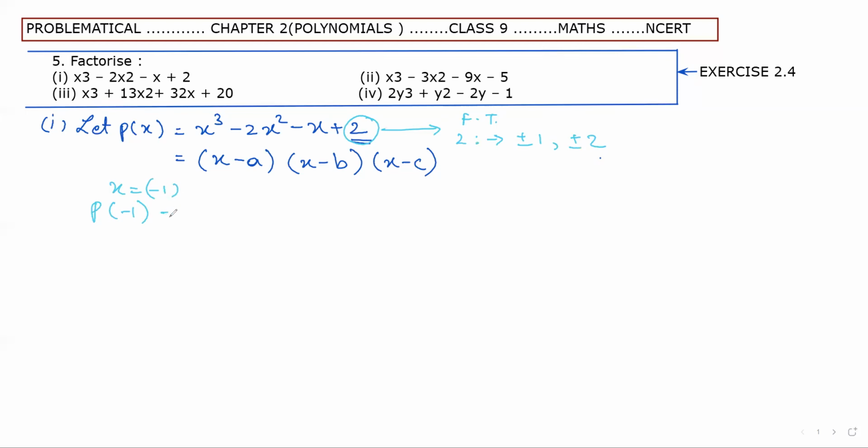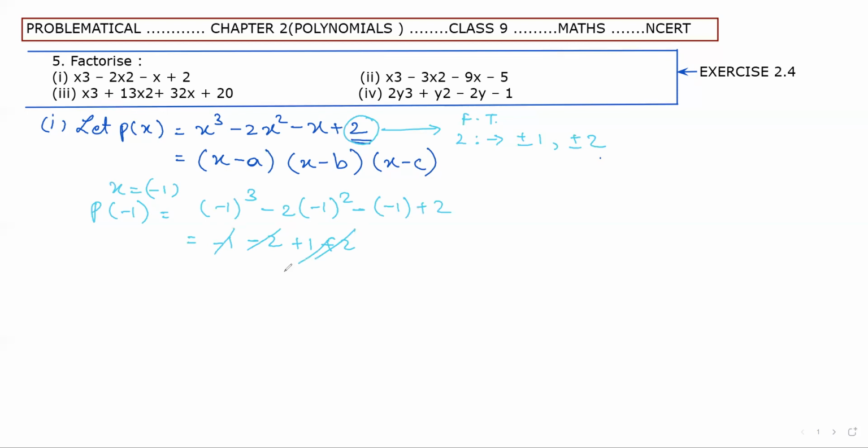You can check for all values. For whichever values you get a 0 value, that will be one of these three a, b, c values. So p of minus 1 is equals to minus 1 whole cube minus 2 of minus 1 whole square minus of minus 1 plus 2. This is equals to minus 1 minus 2 plus 1 plus 2.